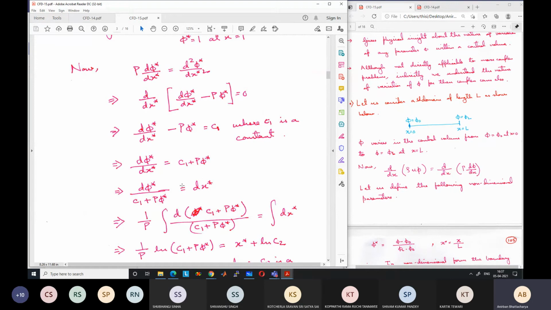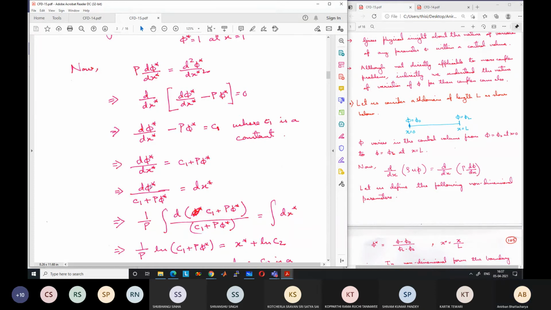Okay. So now we can write this d phi star as 1 by P into d of P phi star. Okay, by taking out 1 by P and multiplying the inside by P, we get 1 by P d of P phi star.